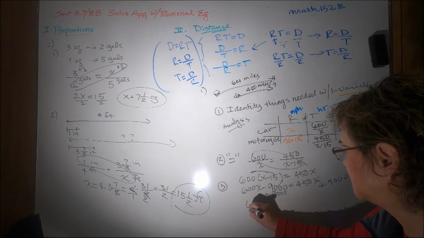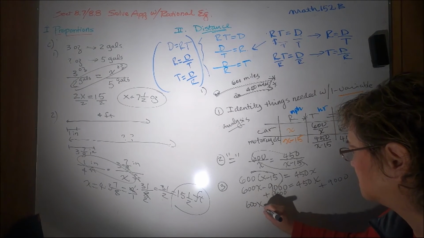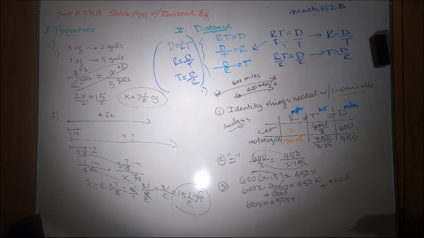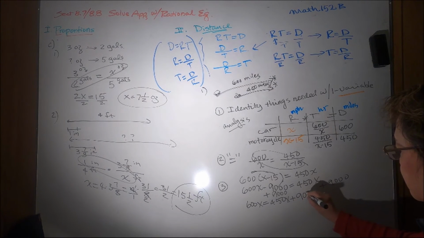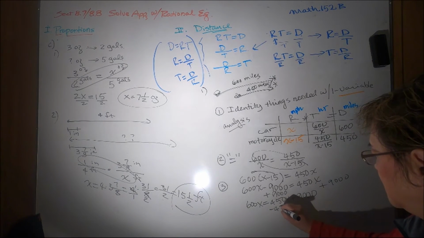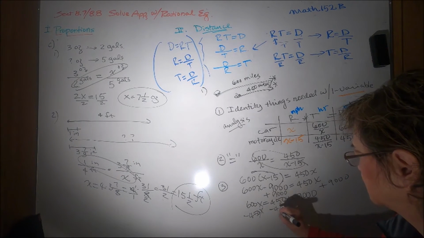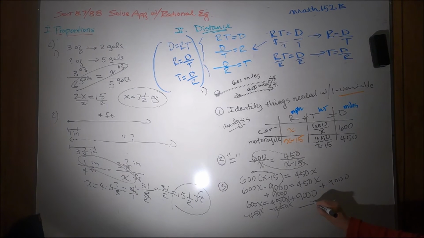So what do we have? 600x equals 450x plus 9,000. Then move x over, right? What do we have? 150x equals 9,000. Then divide by 150, x is what?